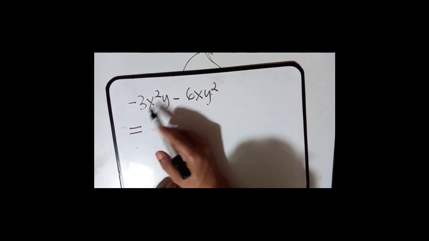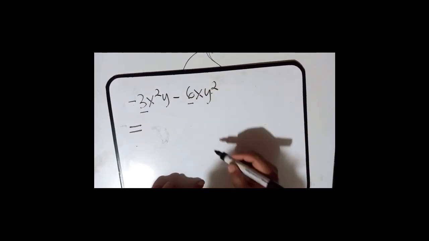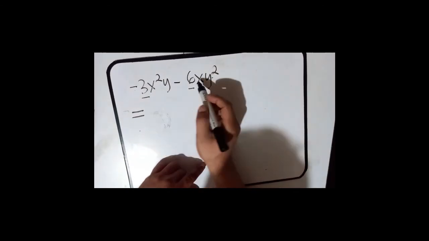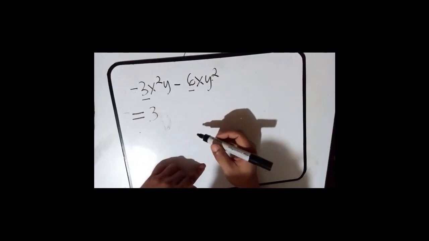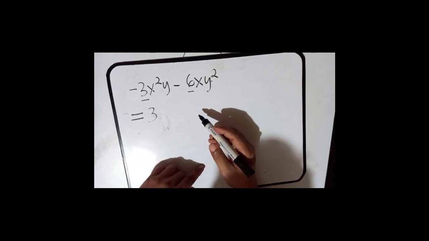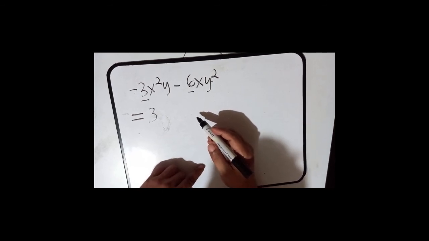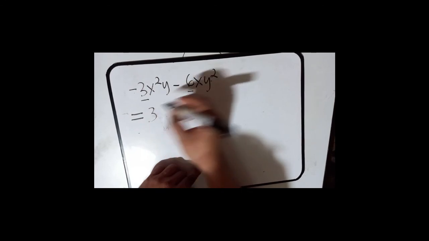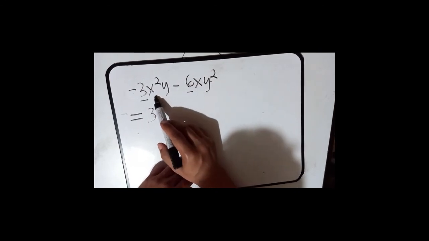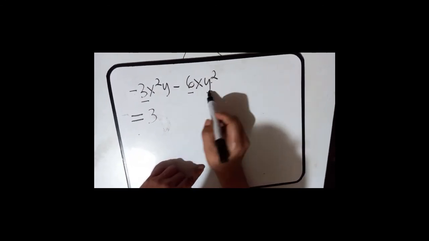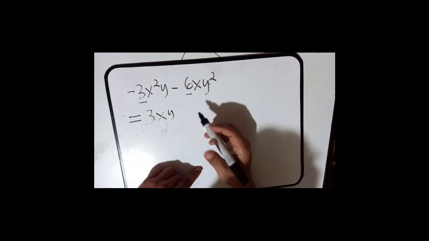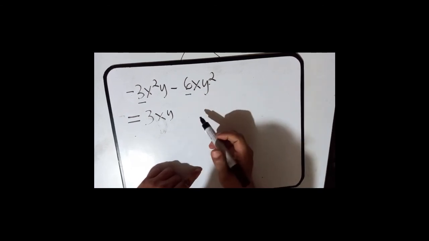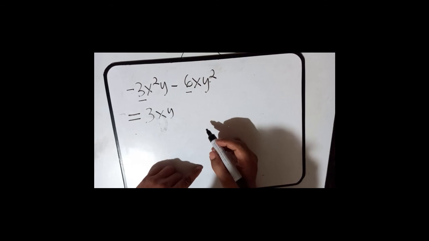So we have 3, we have coefficient here, and we know that 3 is a factor of each coefficient, so that's why we are going to write here 3. And then both of these have x and both of these have y. So let's use here 3x because that is the greatest that we can pull out from this expression.